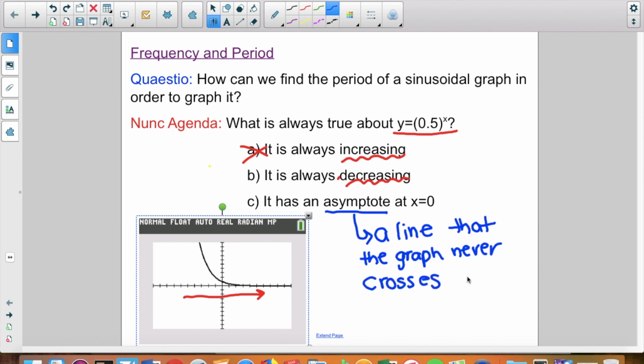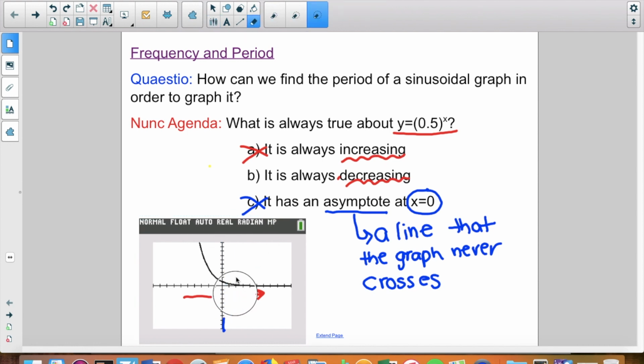So it gets really, really close, but it never crosses it. Now, it is at x equals 0. X equals 0 is a vertical line. It is this line right here. Now, the graph very clearly crosses this line, so that means x equals 0 is not an asymptote.